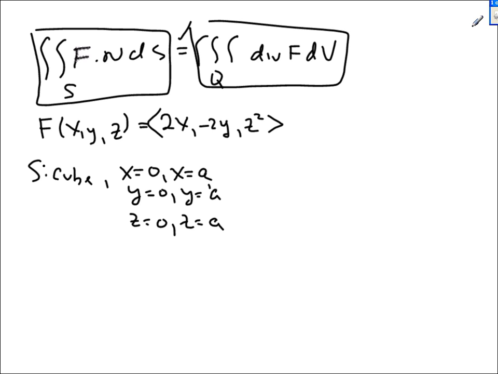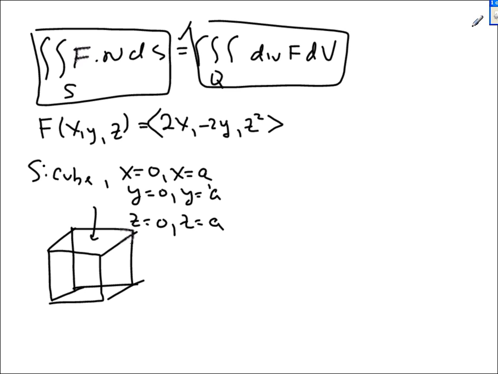Now, what we need to understand is, let's just have some language down. First, the cube, of course, has 6 sides. You have the front, the back, the top, and the bottom.